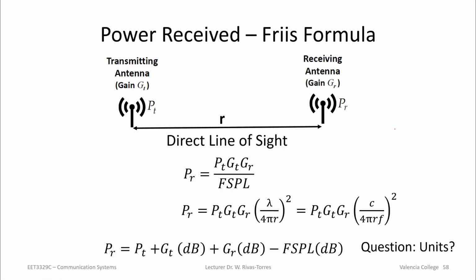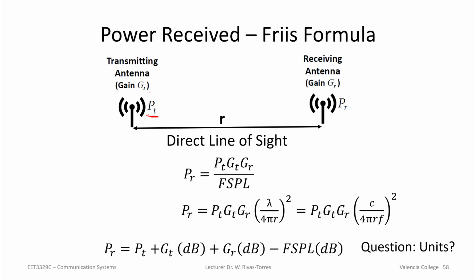All right. So now we know how much power we put into our antenna on the transmitter side. So how much do we get on the receiver side? We can calculate it, and it's not that difficult. If I know the power that's transmitted, that's how much power I send into the transmit antenna.